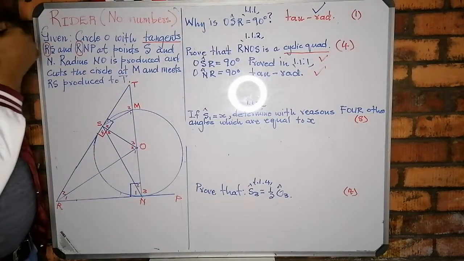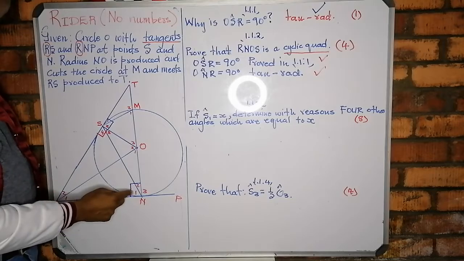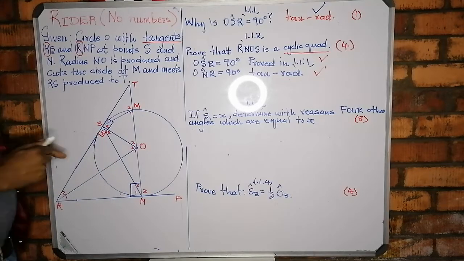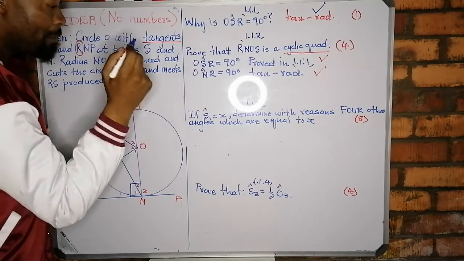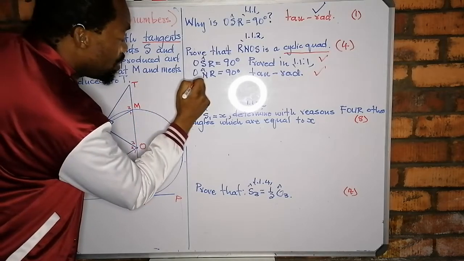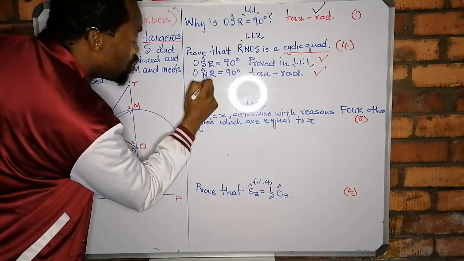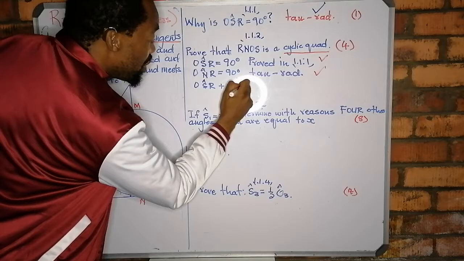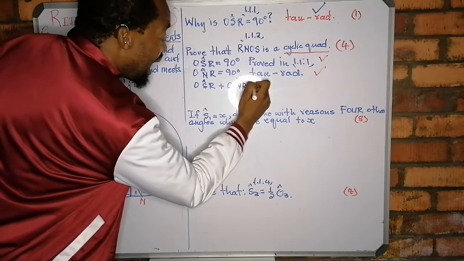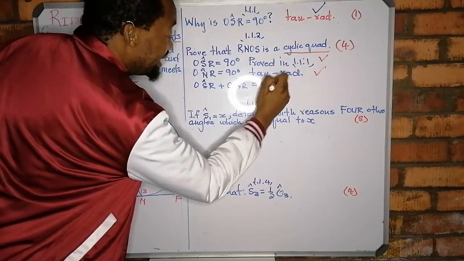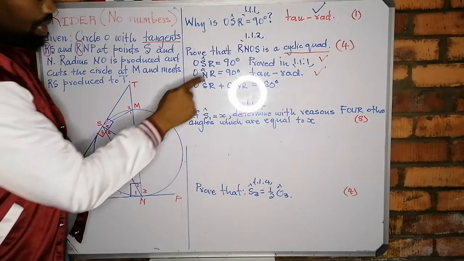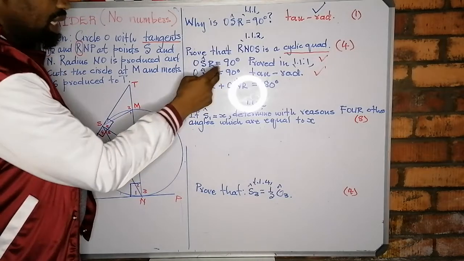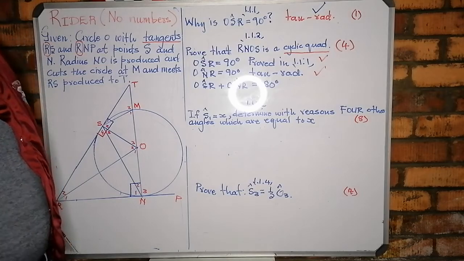Where am I getting these answers from? They are calling me from there, saying, hey, Lachi, we are here. Now, this is 90, this is 90. I'm now going to say, but when I add angle LOSR plus angle LONR, I get 180 degrees. Why? Because they are both equal to 90 degrees. Not necessarily that they must be both equal to 90 degrees.